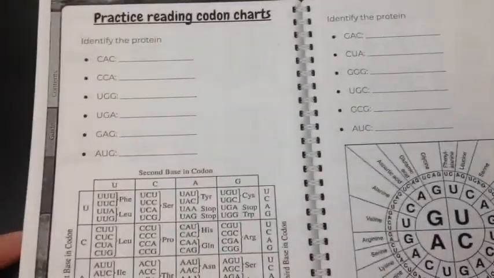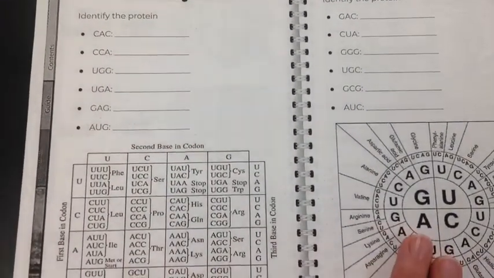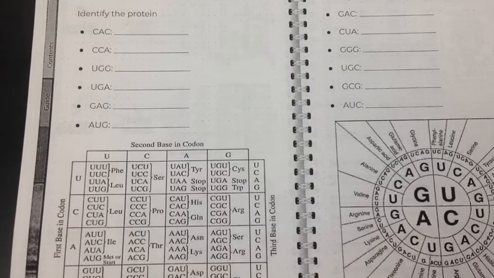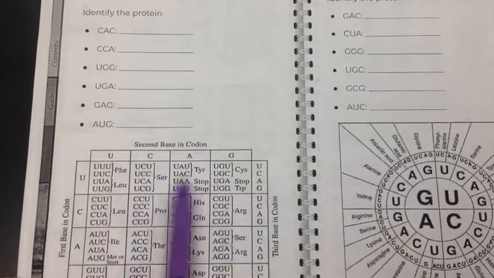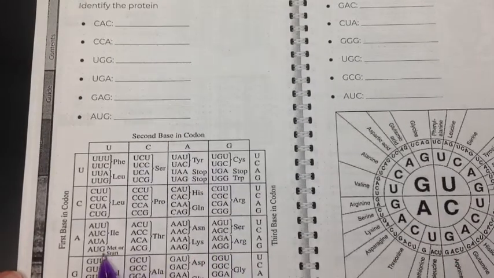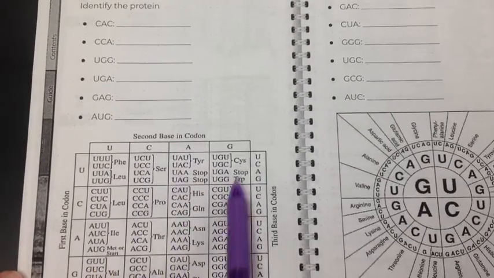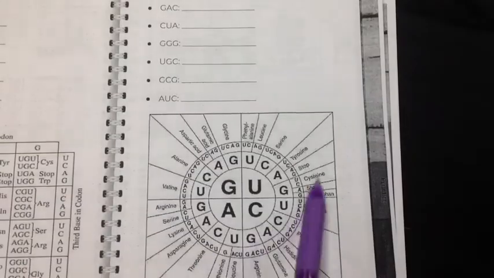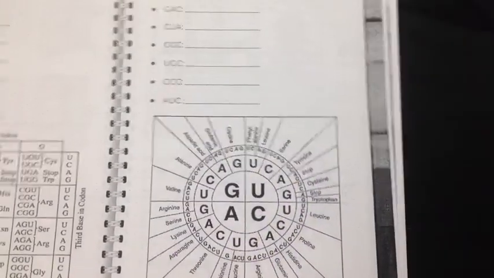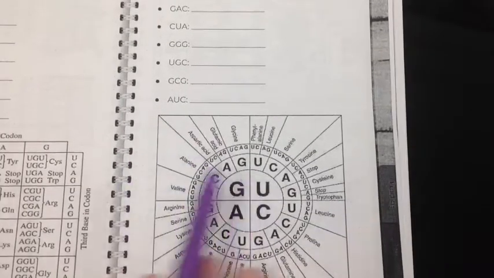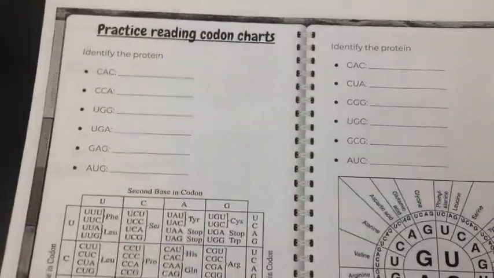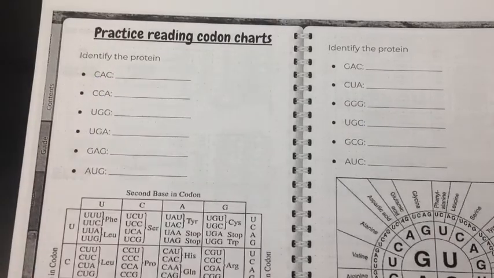Here I have both of your codon charts. It has the abbreviations, which, if you're going to write out the abbreviation, it has to be these ones. The full spelling is on here. I'm going to give you the answer for both in case you prefer one or the other. So, CAC.